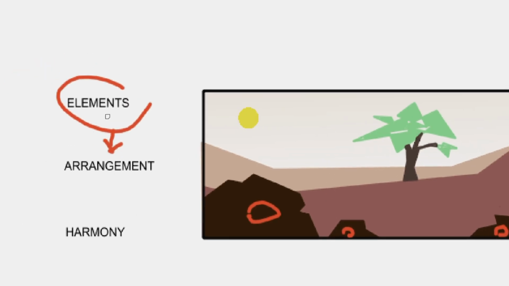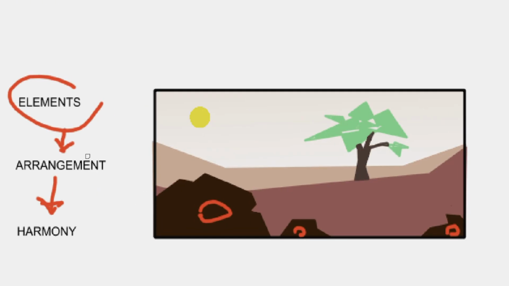So you have your elements, your rocks, your trees, all that, and then you have arrangements. And if it's arranged properly, it produces harmony, which is what we consider to be beauty, right? So harmony is when your elements are arranged in such a way that it communicates something.